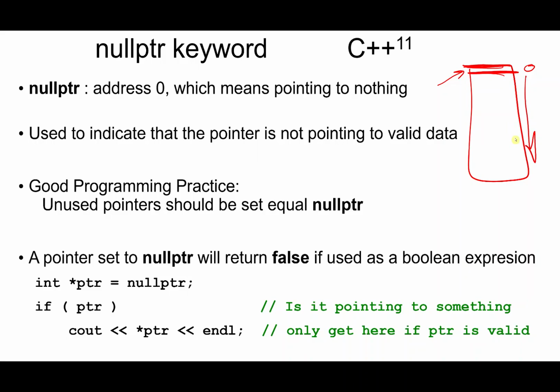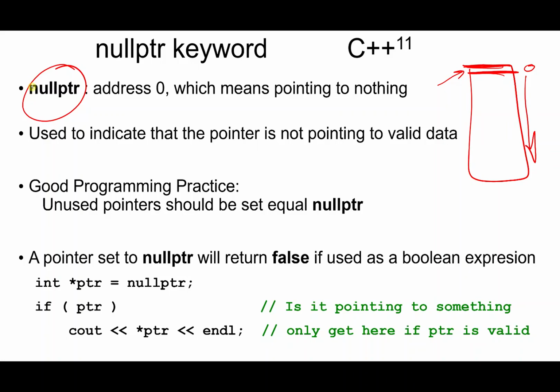Basically, this is the memory location that is empty forever. Why? Because if we use, for example, nullptr, which is pointing at address 0, we are saying that we are pointing to nothing. So this is used to indicate that a pointer is not pointing to valid data if it's equal to nullptr.